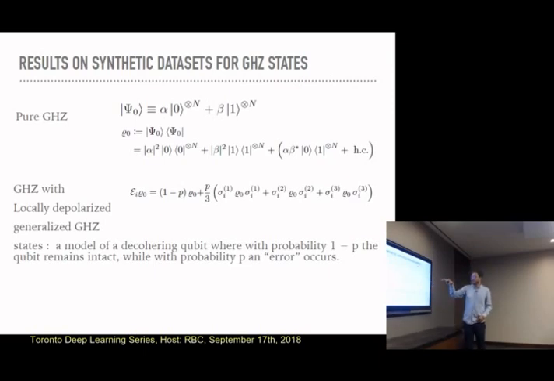And then we add noise, which is basically a model for decoherence, where a qubit with probability 1 minus p is just intact, so it has the same state, and with probability p, an error occurs. And the error is basically applying Pauli matrices, so matrices that are local on each qubit. So that's my state. So let's reconstruct those synthetically.